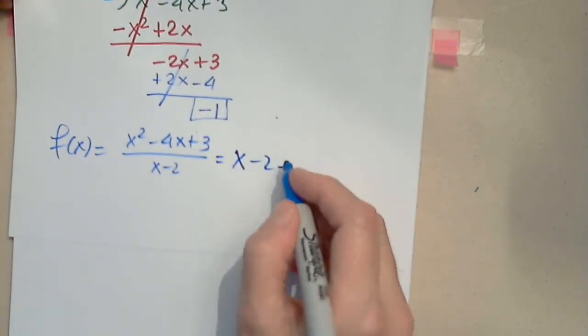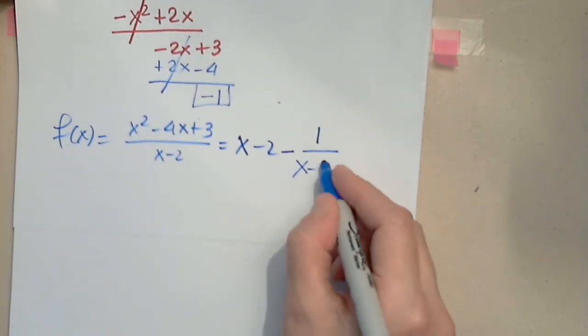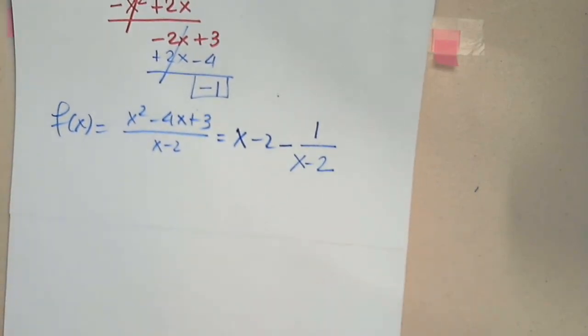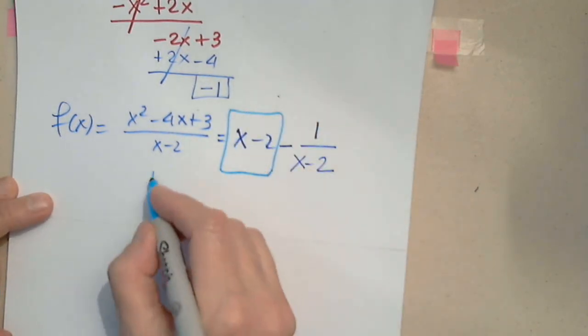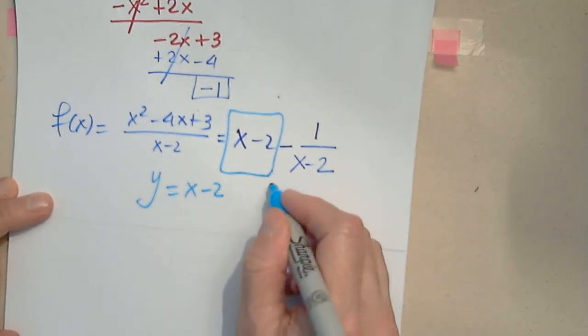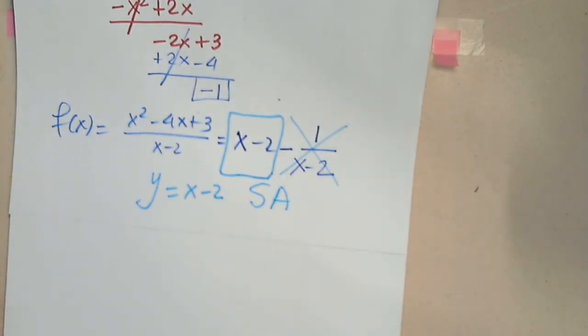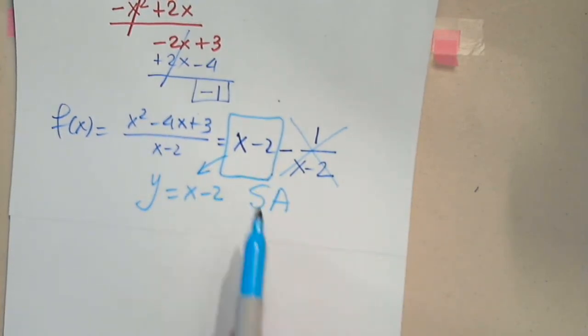Minus the remainder over the divisor. And you can say, okay, this is beautiful, but what did you accomplish? A lot. Here it is. Just the quotient, y equals x minus 2, will be the slant asymptote, not anything about the remainder. Nothing is wrong, don't cross it out. I'm just saying the slant asymptote is only the quotient.